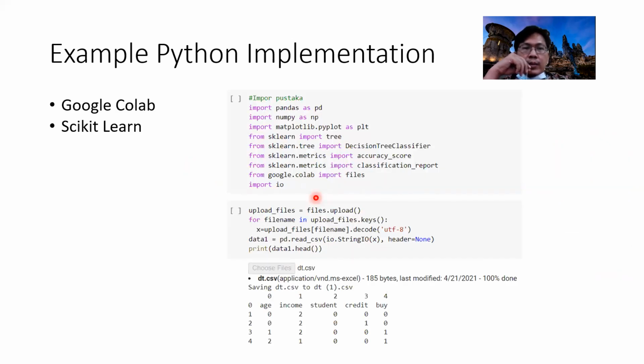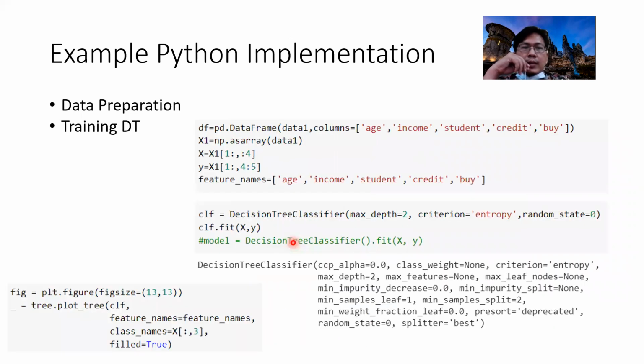And then we try to implement using Google Colab, Pandas, using scikit-learn for the decision tree classifier. This is the data, a CSV file we have to upload to Google Colab. And this is the data preparation using Pandas.